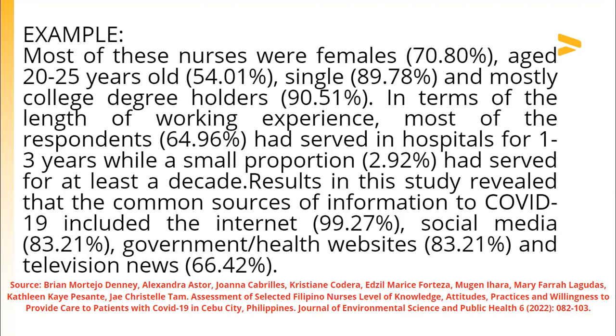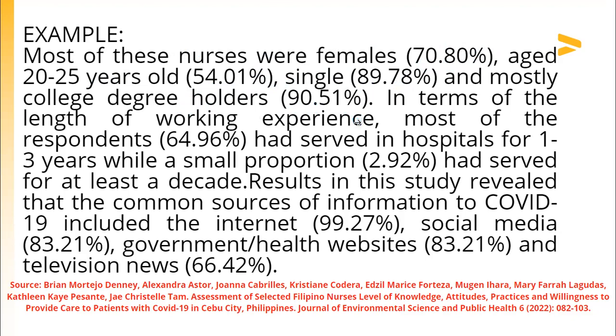So for example, most of the nurses who participated in the study were females, 70.80%, age 20 to 25 years old, 54.01%, single, 89.78%, and mostly are college degree holders, 90.51%.